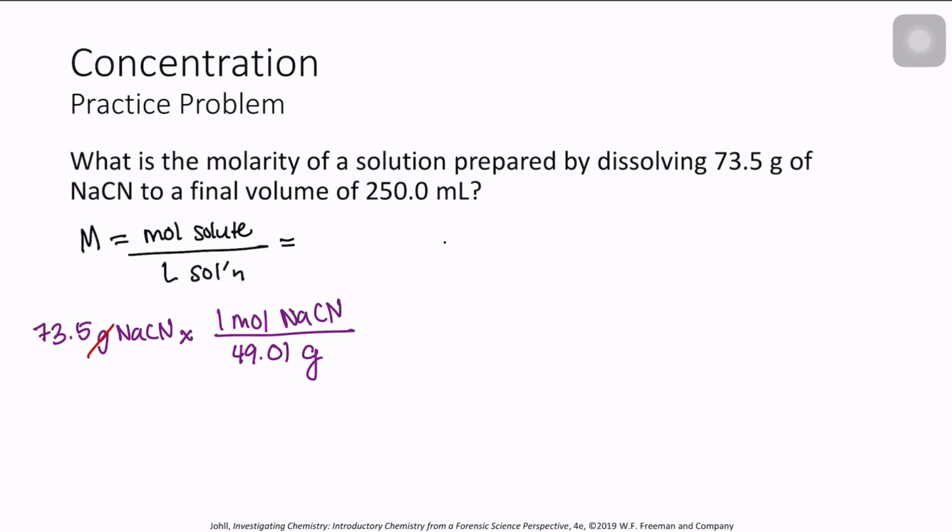So my grams will cancel, and notice I'm left with moles, which is good because that's what I need in order to plug into my molarity equation. When we plug this into our calculator, 73.5 divided by 49.01, I get 1.50 moles of sodium cyanide. So I can plug that in up here.